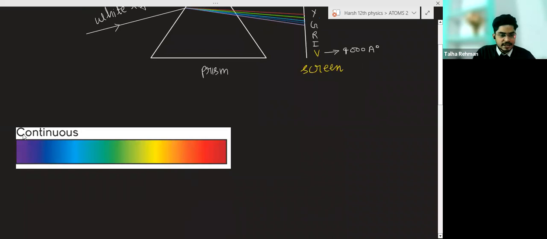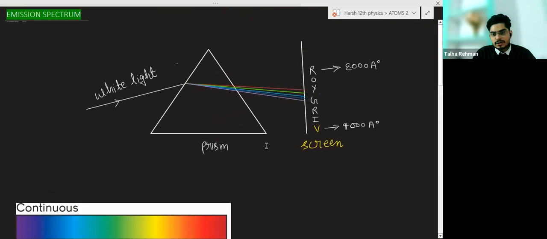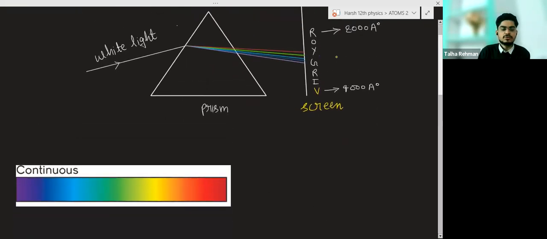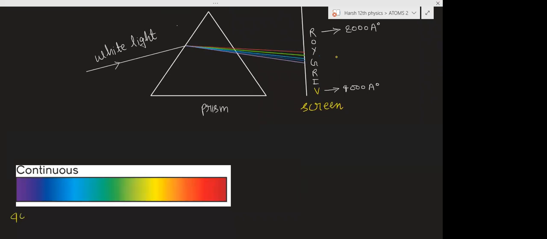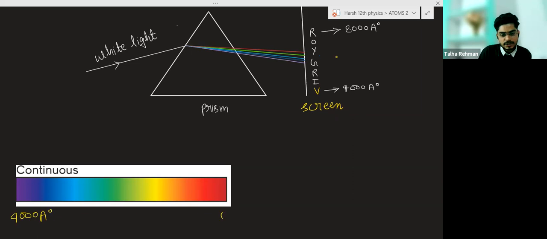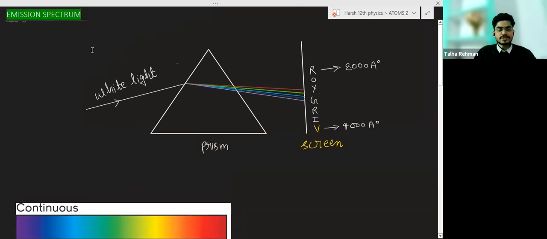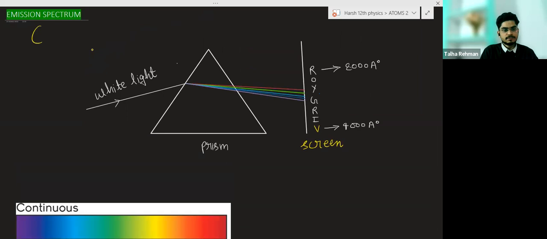In these colors, all wavelengths are present from 4,000 angstrom to 8,000 angstrom. So all wavelengths are present in these colors.